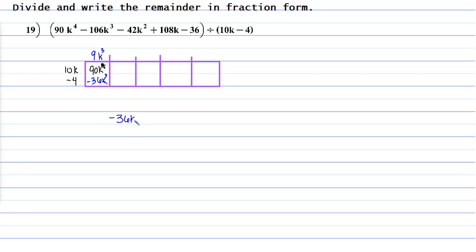Negative 36k cubed plus something is going to give me a negative 106k cubed. And so what I need to add there is a negative 70k cubed.